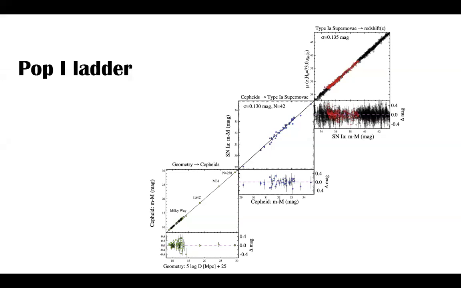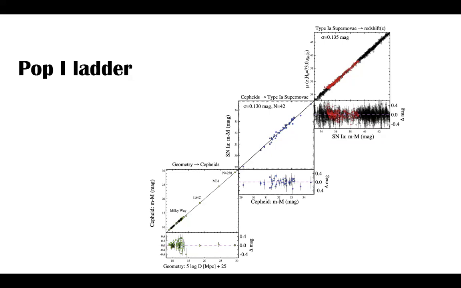Two of them are that one or other of these observations is wrong, or that really there's some physics. Basically the model is wrong, and so the evolution of the universe at early times is different from the standard model. And of course, that would be very interesting. It says that we don't have a full grasp of physics. So that's the population 1 ladder, and already it seems to be at a 5 sigma tension, which is really quite intriguing.